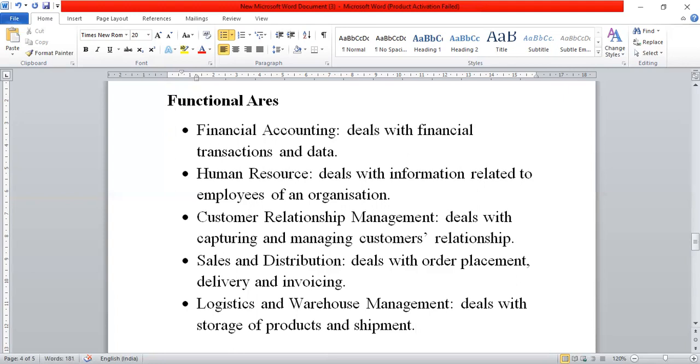It deals with storage of the products, meaning the goods have to be stored very carefully in the organization. After storing, they have to be shipped to different customers' locations. That is called shipment. So these two activities, storage of the products and shipment of the products, are the responsibility of logistics and warehouse management.